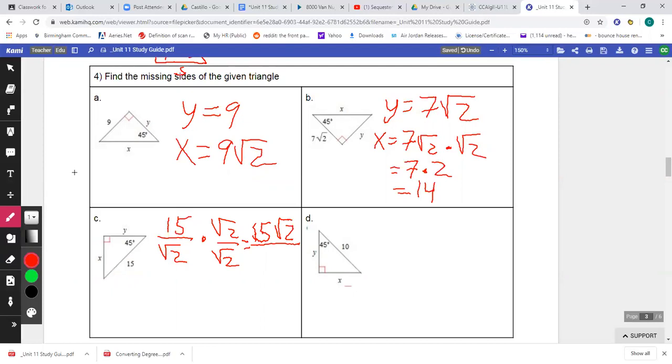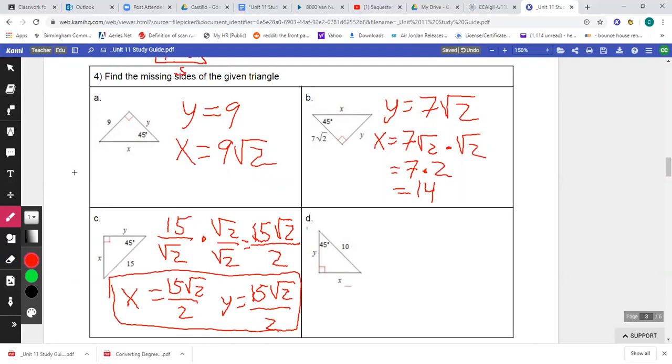And on the bottom, radical 2 times radical 2 is just 2. So that means your legs are the same. So x is 15 root 2 over 2, and y is 15 root 2 over 2. Remember, the two legs have to be the same. So if you have the hypotenuse and you want to find the leg, you just divide by radical 2.